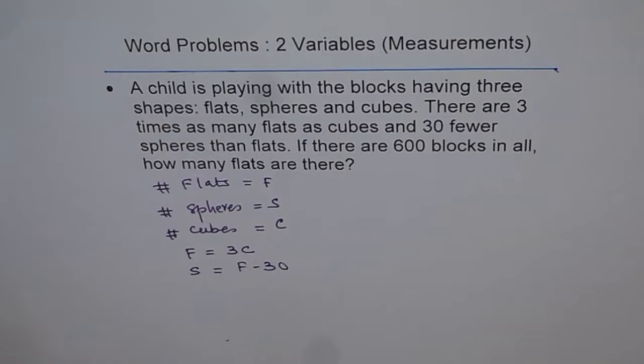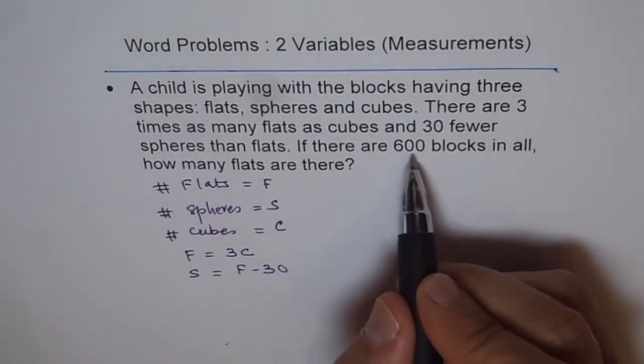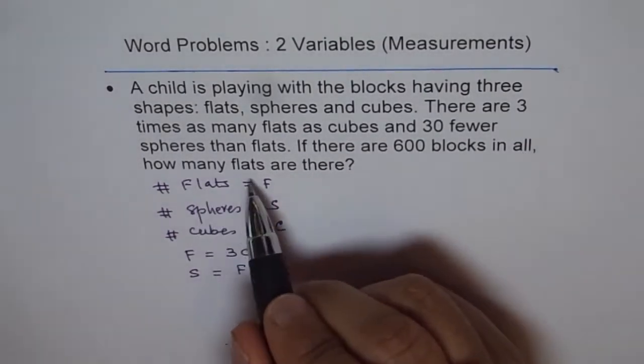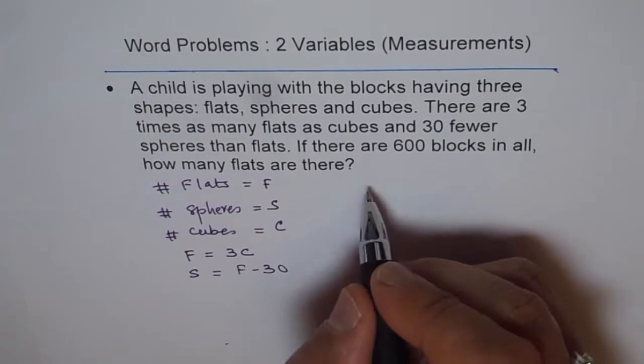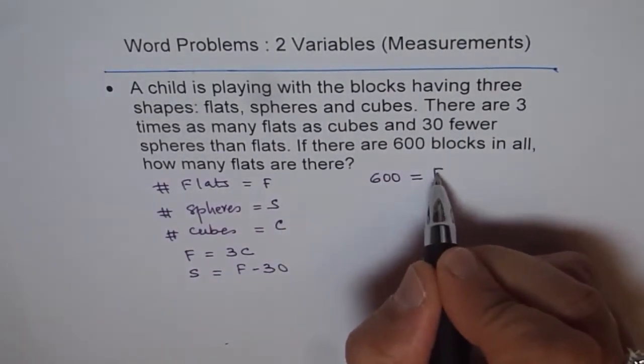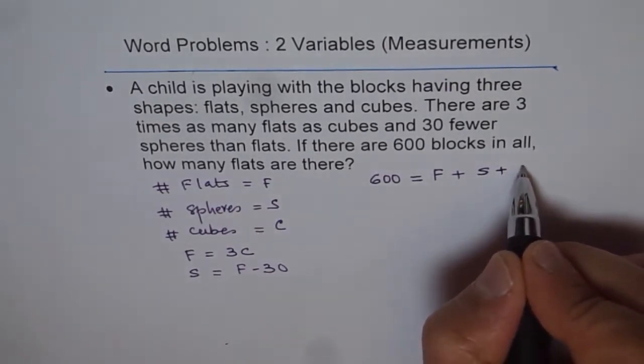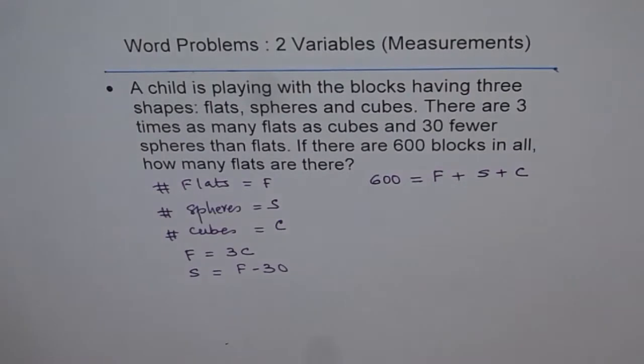So that is how we get the relations between our variables. We are also given that there are 600 blocks in all. So 600 equals flats plus spheres plus cubes. So all these equations are given to us.